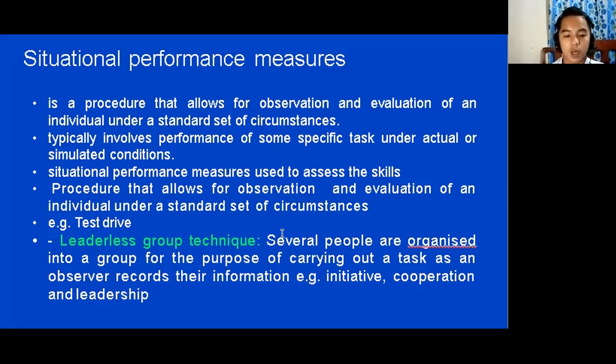Individuals are grouped without designating a leader, and the observer will take note of who among the members initiates the conversation, stands as a leader, and who among them is not cooperating. It is commonly used in job scenarios, in which it can verify what you have written on your resume.